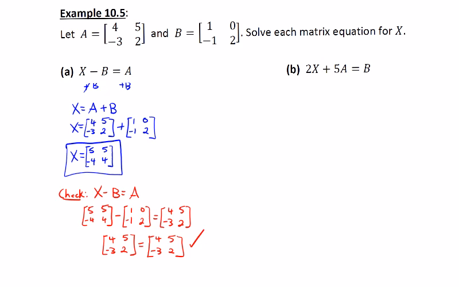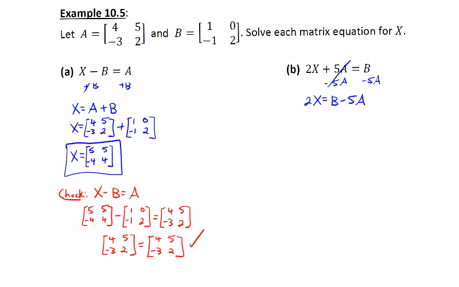That doesn't change here. For part B, we have a slightly more complex looking matrix equation, but still it's just a matter of using your basic solving techniques to get X isolated by itself. I would start with subtracting 5A. Then we would have 2X is equal to B, and I should make that a capital X because it's supposed to be a matrix, not just a single real number. 2X is going to equal B minus 5A.